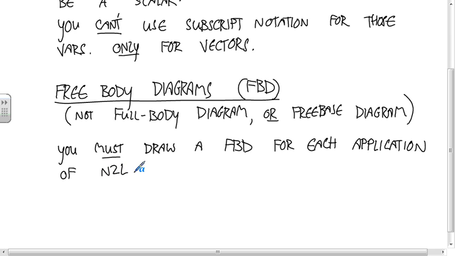So, I try to be flexible on a lot of stuff. If you have your own method from another class or whatever, most of the time I'm pretty happy to deal with that. But with this, to me, this is really important. Even if you get the right answer on a test, if you use Newton's second law and you don't have a free body diagram, you're going to lose a couple points.